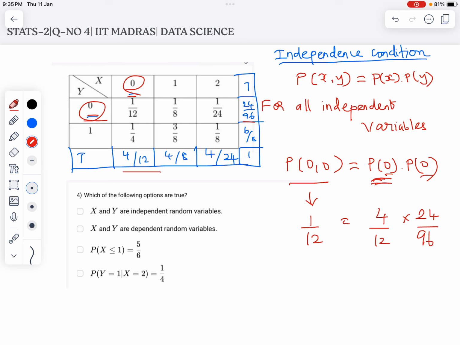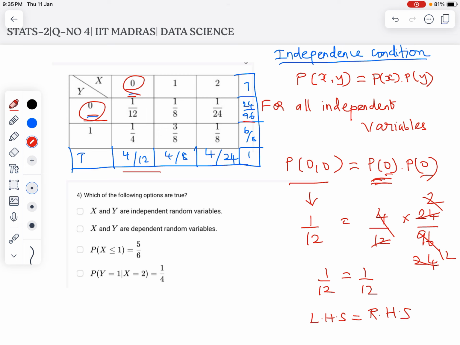So now let us deduce by cancelling. 1 12s are 12, 2 12s are 24, and similarly 2 4s are 8, 4 4s are 16, 1 2s are 2, 12 2s are 24. Therefore 1 by 12 is equal to 1 by 12. LHS is equal to RHS. This proves that the values are independent.